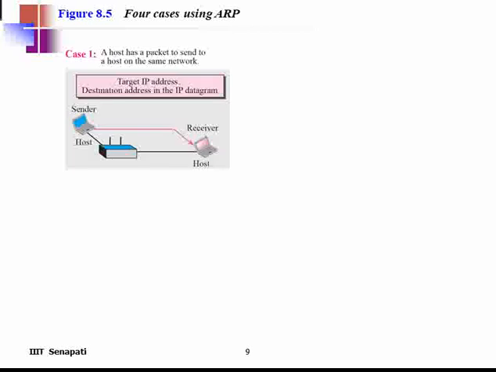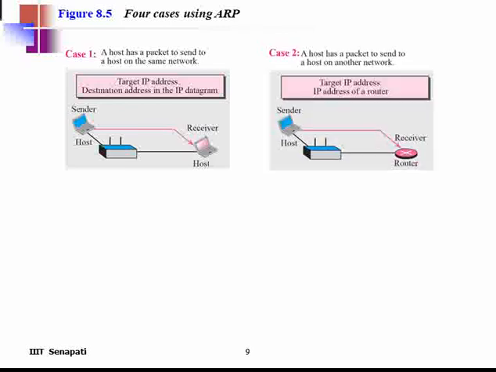So suppose in the first case, the sender and the receiver are both on the same network. So the sender will keep the destination IP address in that particular target IP address field. The second case is if a host is sending a packet to a host which is not on our network, it is on another network, and in between the router is coming. So in the target IP address, what you are keeping is the IP address of a router.